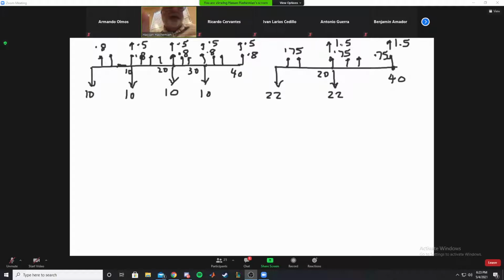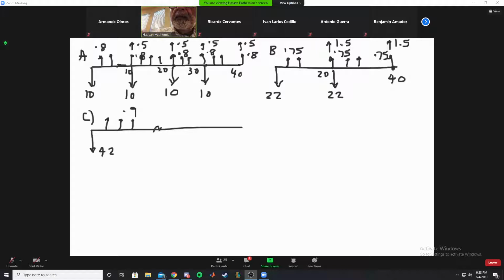And what would be the third diagram? This is alternative A, this is B, and alternative C is simply just purchasing it for 42 million. You have a benefit of 0.9 each year, and salvage value is 3.6.